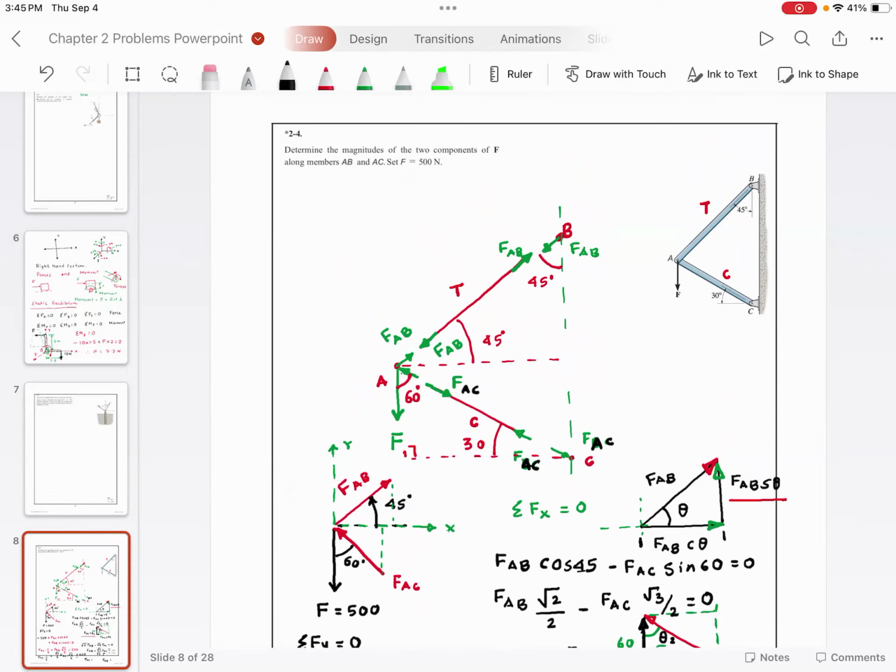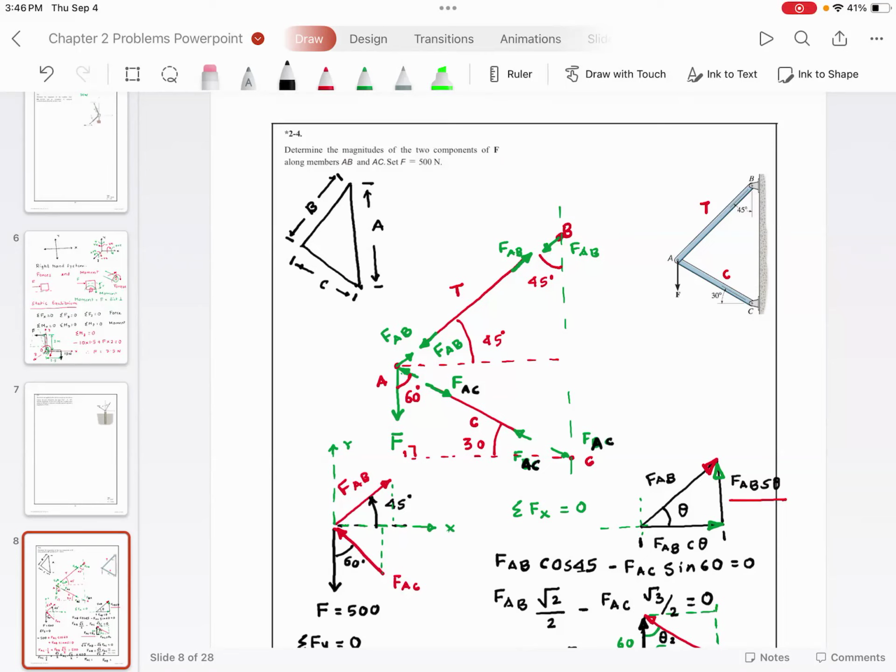So if you have a triangle, this length is A, this length is B, and this length is C.